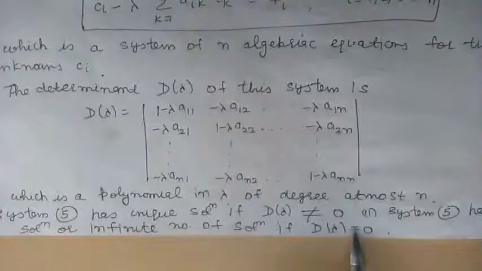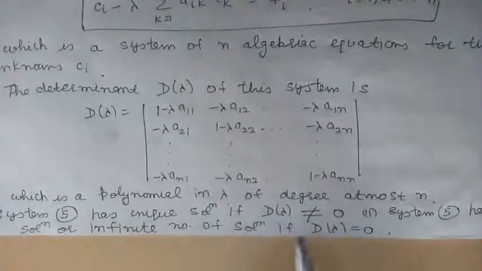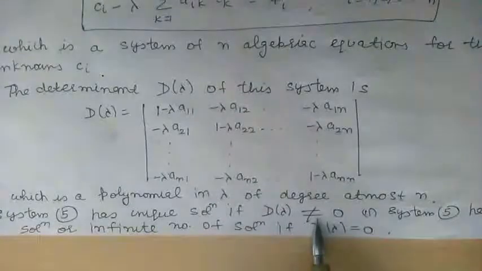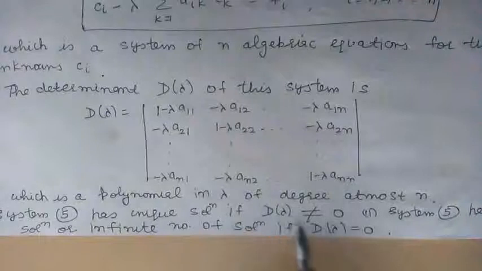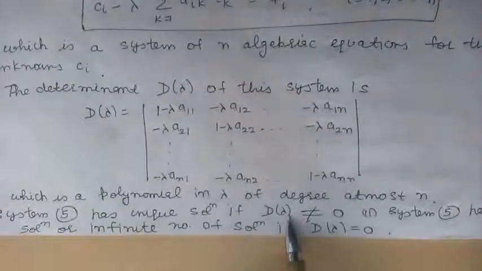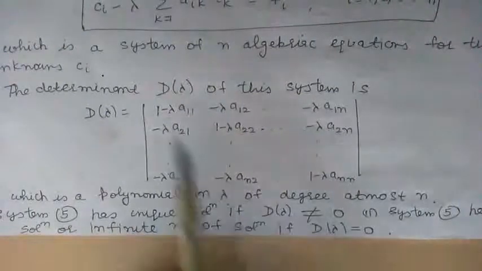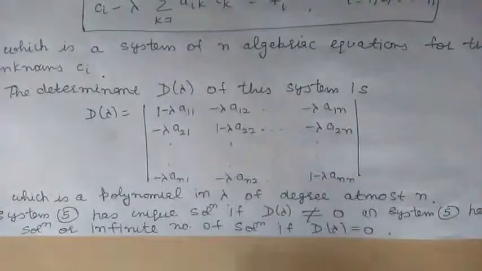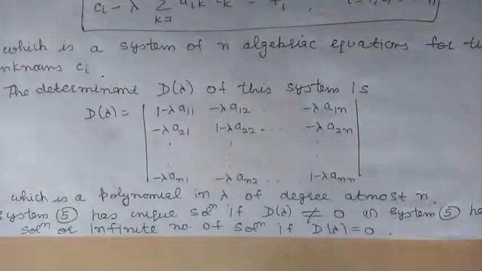But here, till now, we only consider the case when D(lambda) is not equal to 0. When D(lambda) is not equal to 0, we get the unique solution of this algebraic system, and correspondingly we have a unique solution of the given Fredholm integral equation of second kind.